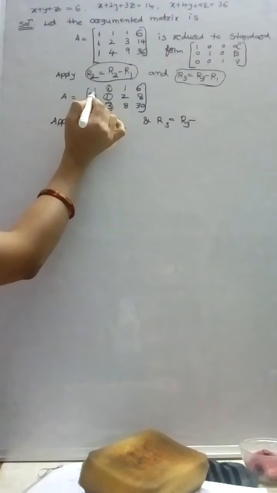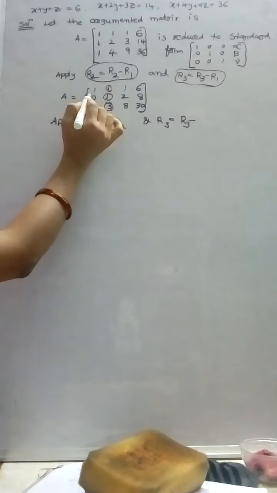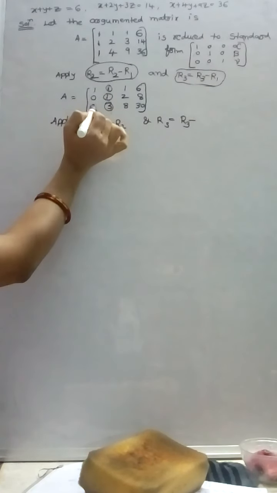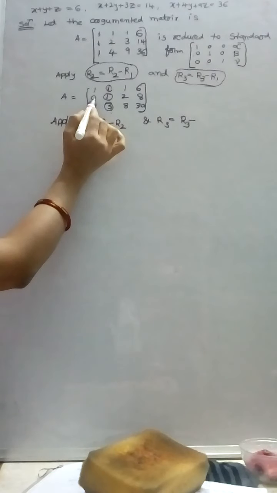If we use the first row, this element would get some other values, so we take only the second row.